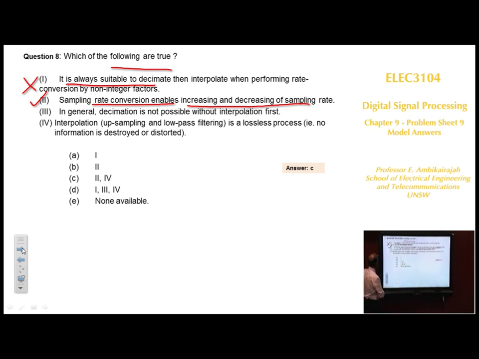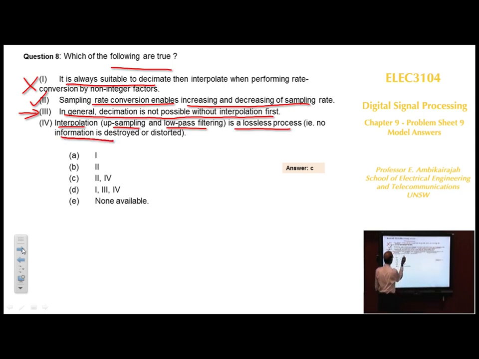In general, decimation is not possible without interpolation. Is that correct? I don't think this is correct. Decimation is not possible without interpolation first? Now you can do it independently without interpolation, just decimation on its own, right? So the next one would be then interpolation, upsampling, low pass filtering is a lossless process.